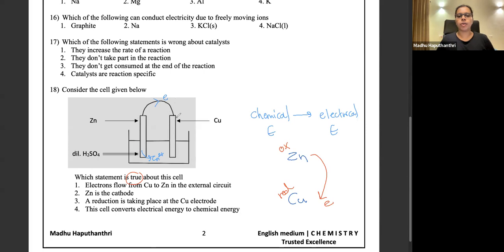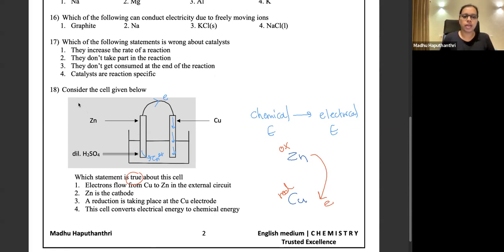Then electrons are coming to the copper rod. Electrons come down, down, down. Then a certain species at this rod should accept the electrons. Carefully understand: for the oxidation part, I simply said zinc is oxidized.